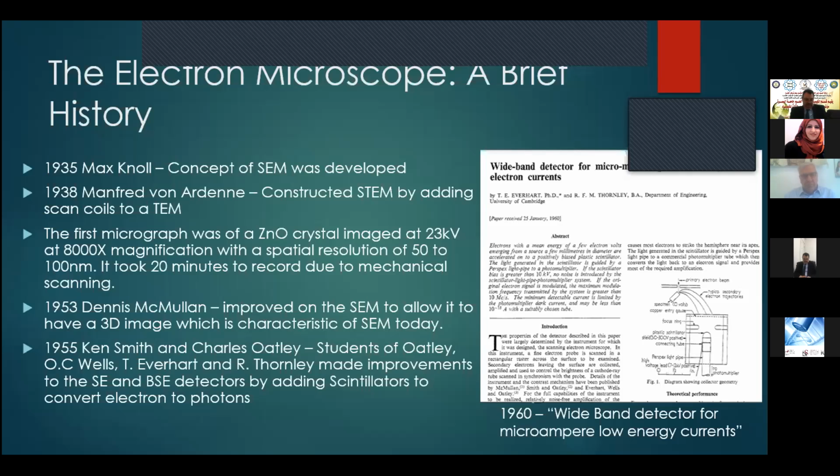Now, I've added the very popular article written in 1960 by Thornley and Everhart for anybody who would like to go and read about that afterwards, because it's a very interesting read, and anybody interested in scanning electron microscopy will find this very interesting, since this is one of the most popular articles, and it's very, very old. So it's very much in the archives and still very interesting.